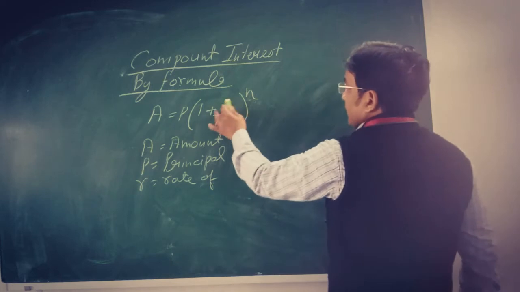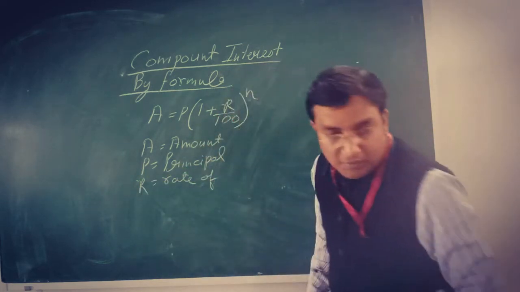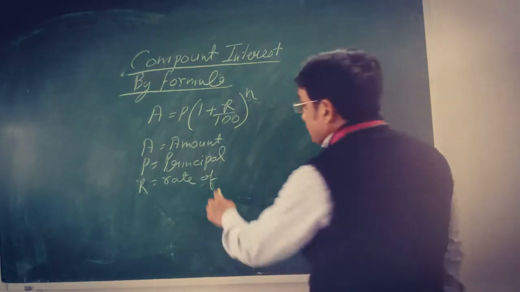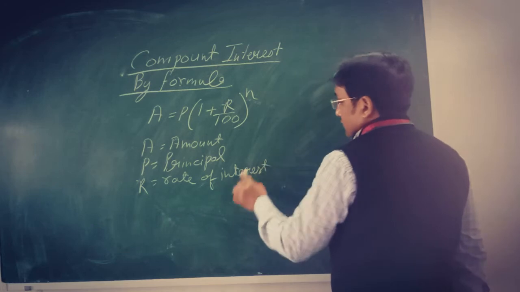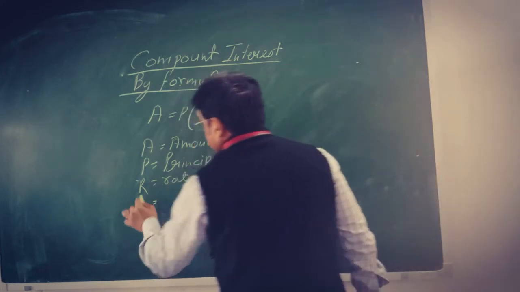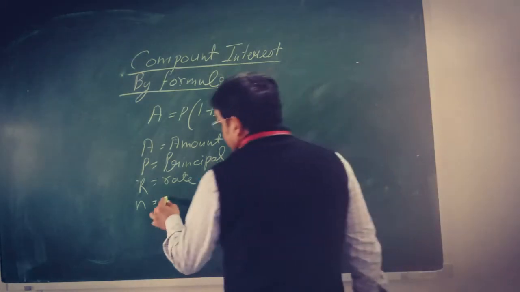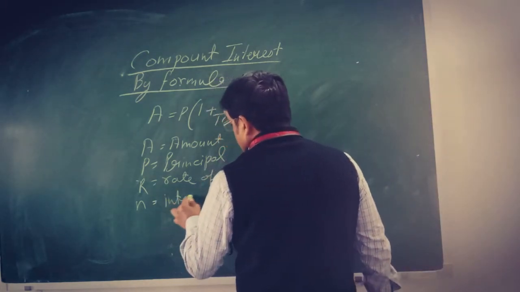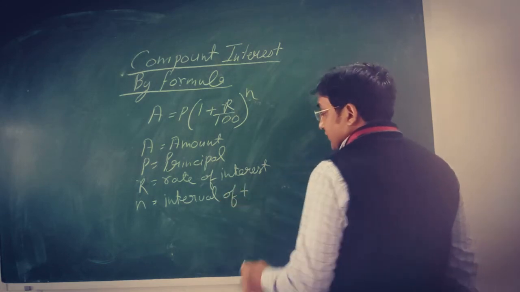You can write it with a capital R also. And n is the time interval. Don't say n is the time, it is an interval of time. You can say time interval.